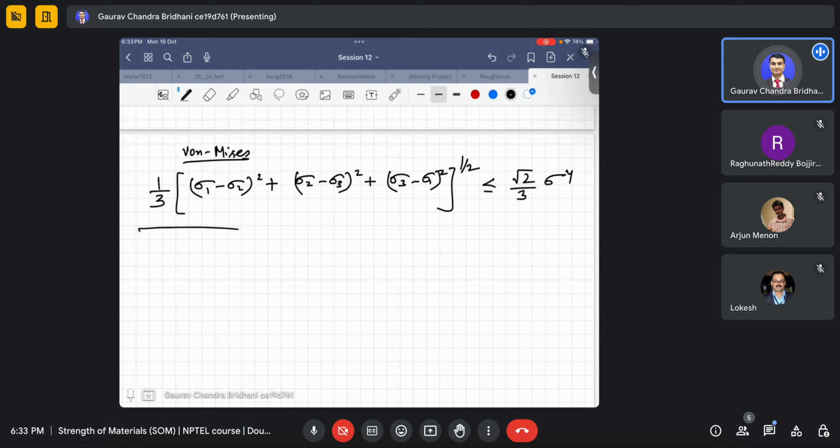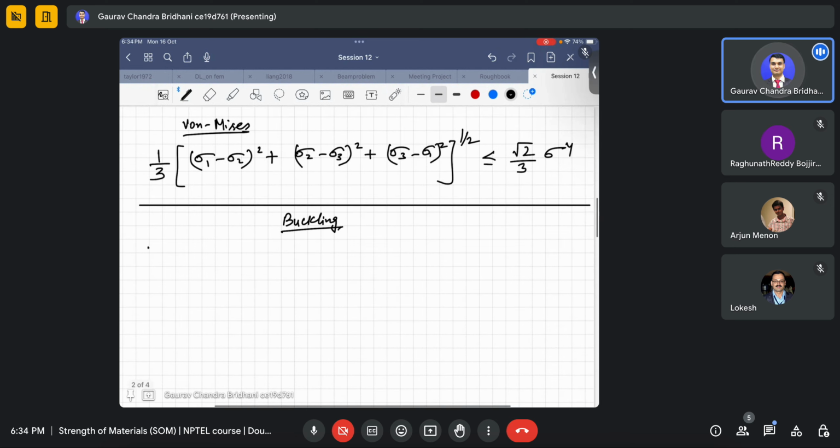Now comes to the buckling part. I'll just try to give a little recap of what is there. First of all, buckling is a stability phenomenon. How does buckling happen, what do we need for buckling?